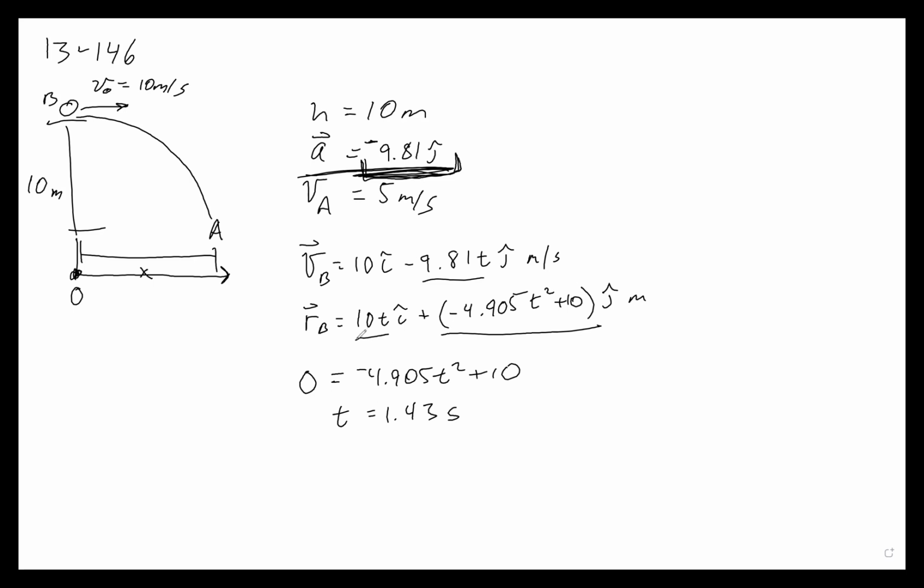So now we take the i hat component and we solve for basically R_B in the x, which is equal to 10 times 1.43 seconds. And that equals 14.28 meters.